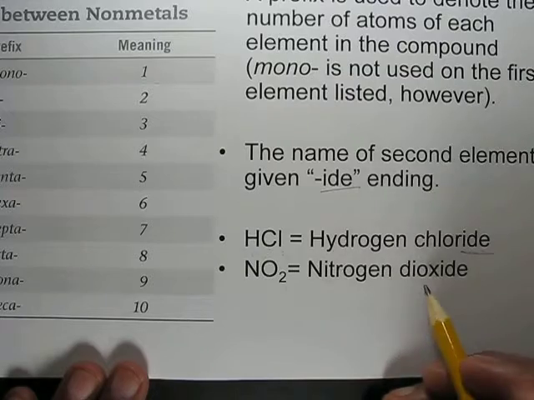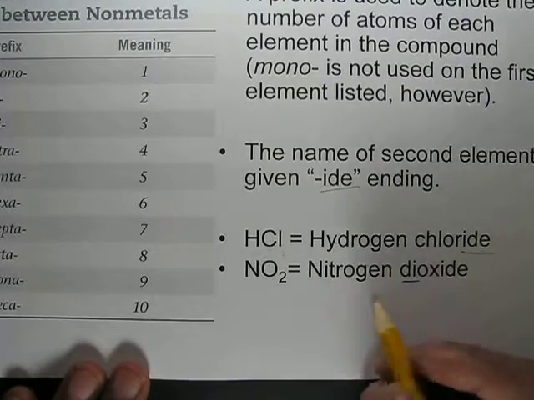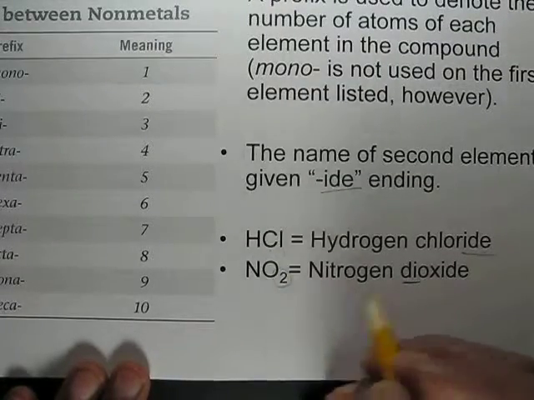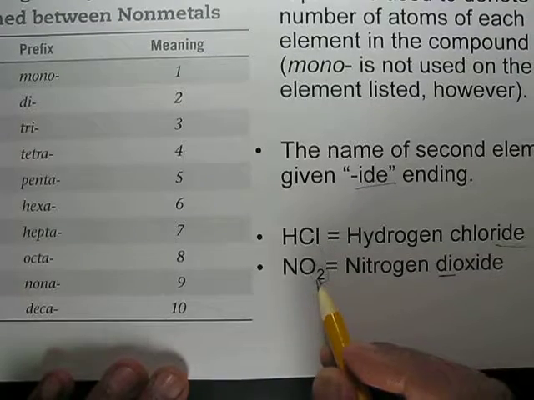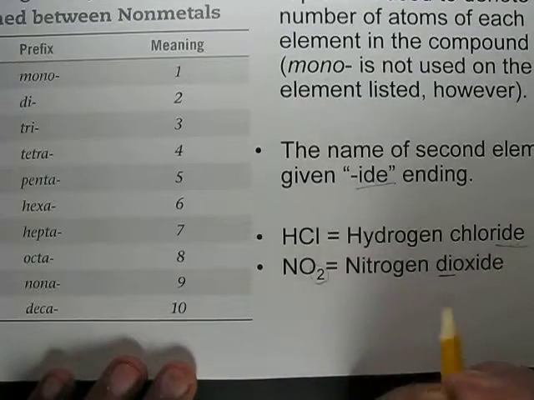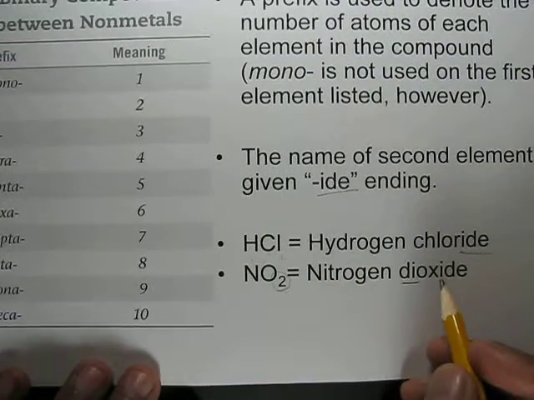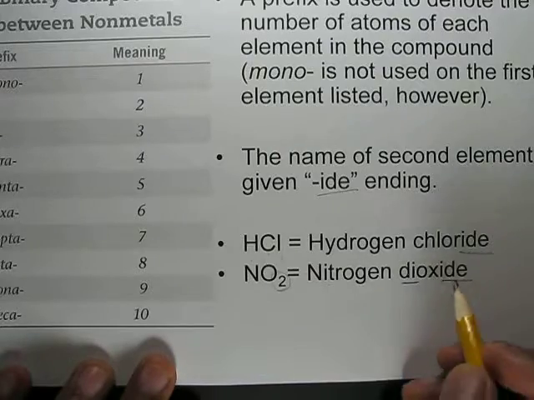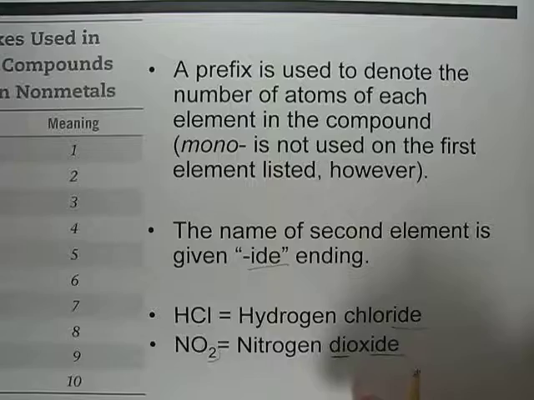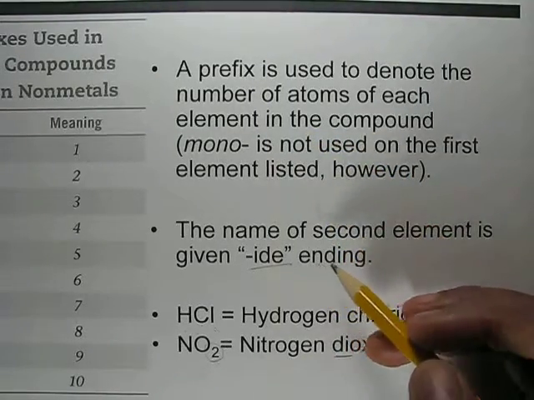Then nitrogen dioxide: di is used for the two oxygens. The di prefix is used for the subscript of oxygen, and oxide is for oxygen, where ide is also used. So to name the binary compound, we use the prefix for the second element and ide at the end.